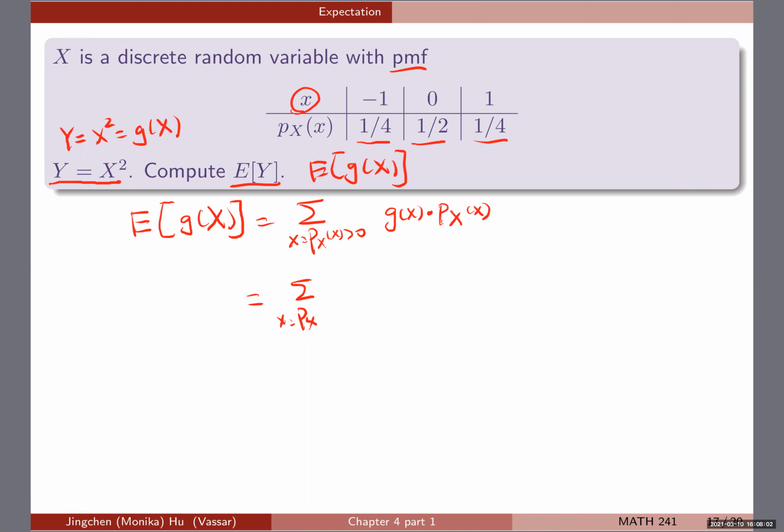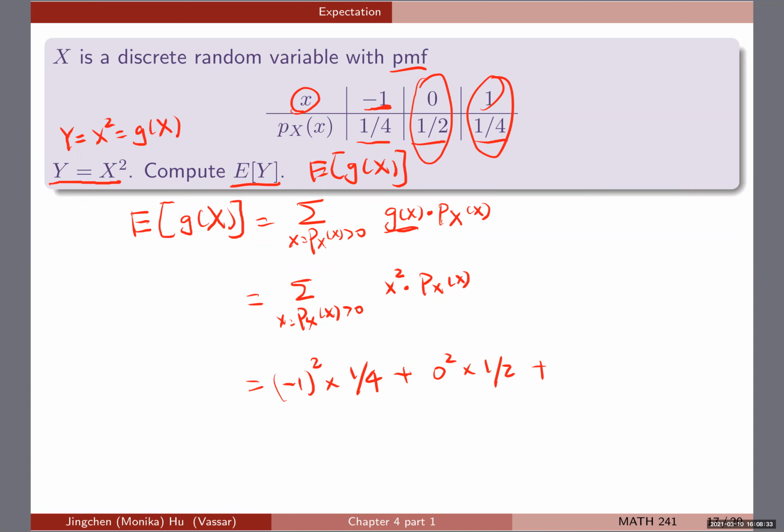So we are doing x squared times p_X(x). Bringing it back to this particular example, I'll have (-1) squared, because that's x squared, multiplied with 1/4, because that's the probability associated with X equals -1, plus 0 squared times 1/2, and then plus 1 squared times 1/4, which, if you do the algebra, is going to be 1/2.